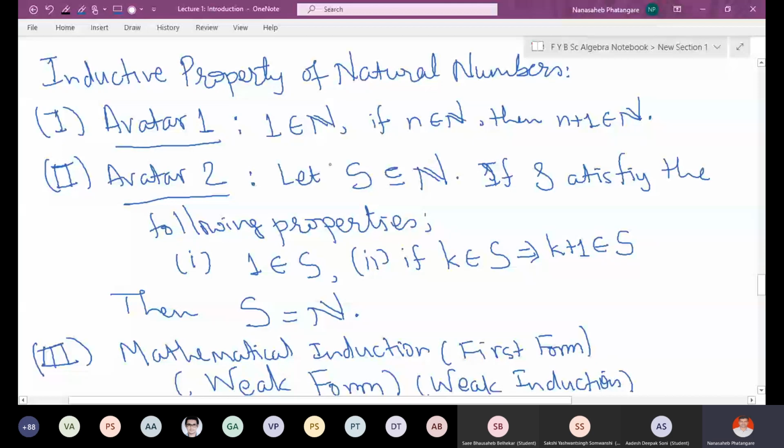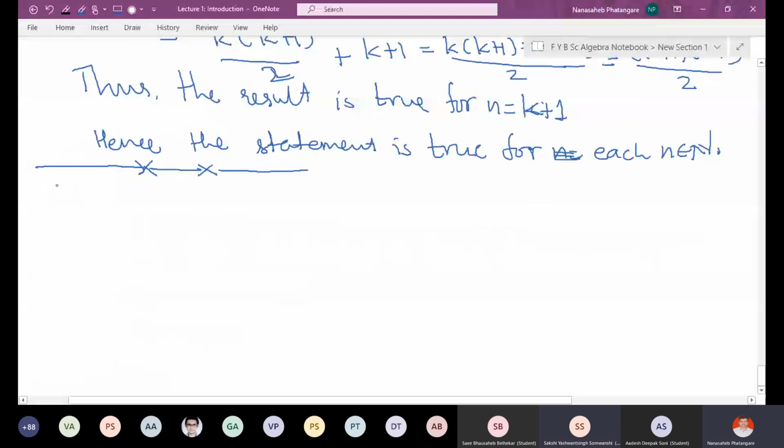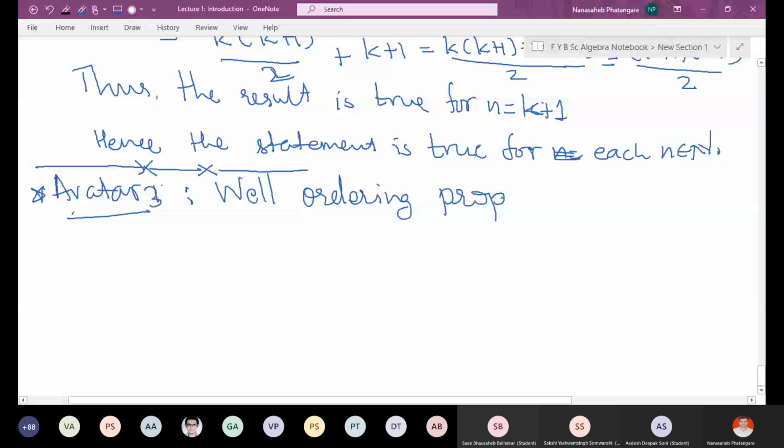Right, there is one more avatar or version of this inductive property, avatar 3, whatever it is. The well ordering property of natural numbers is equivalent to the previous two avatars of natural numbers, the inductive properties, right?